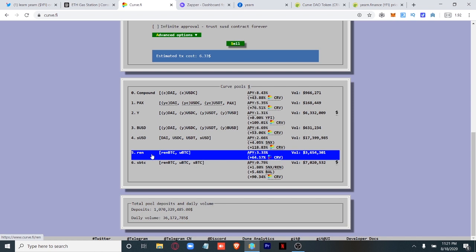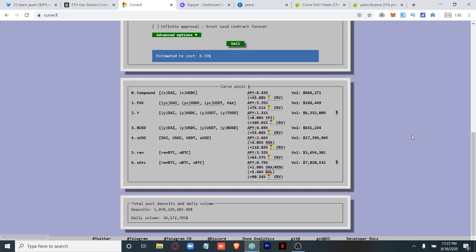A lot of people have been taking the Bitcoin, wrapping it as WBTC or REN BTC or SBTC, and putting it in the Curve pool, earning Curve tokens on it, dumping them on the market, and taking all the profits, and either leaving or keeping the liquidity there and just earning every single day. Because there's no protocol out there right now that's giving like 64% in just Curve tokens, and also 3.33% on the Bitcoin.